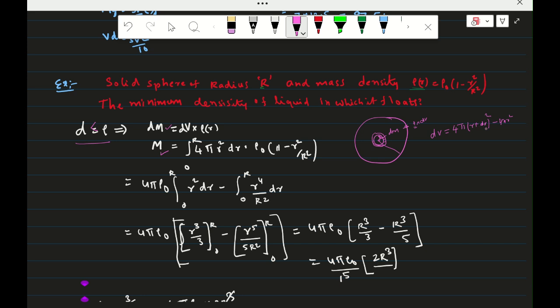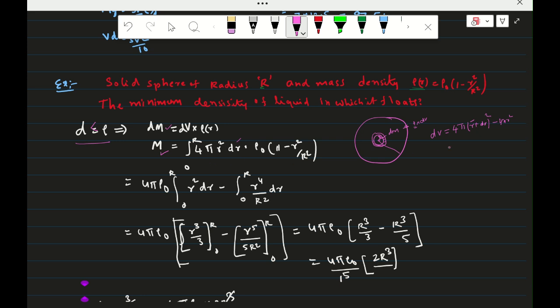Since dr is very small, the dr square term is negligible, so cancelling the terms you will get 4 pi r square into dr. This is the answer.